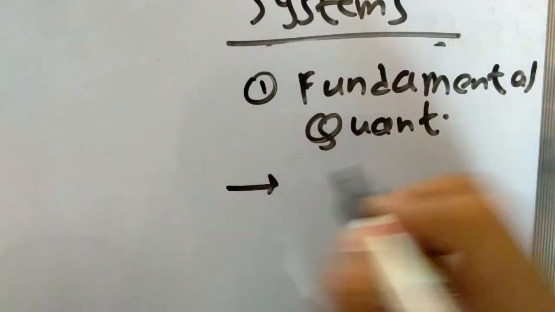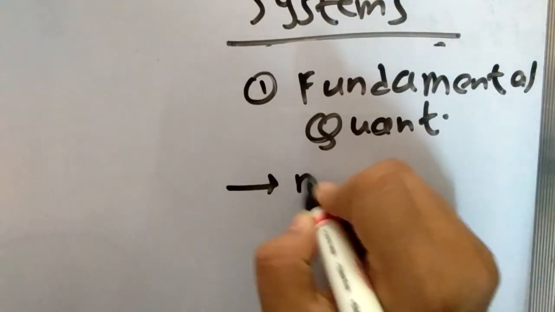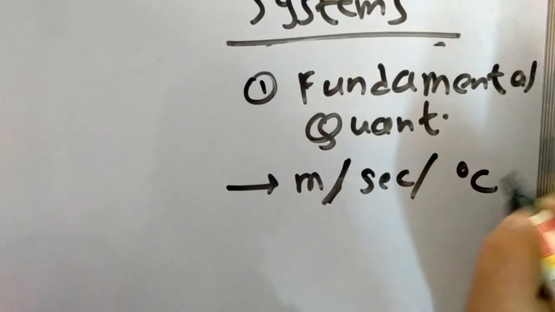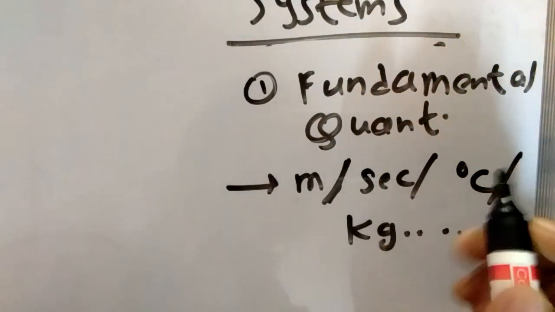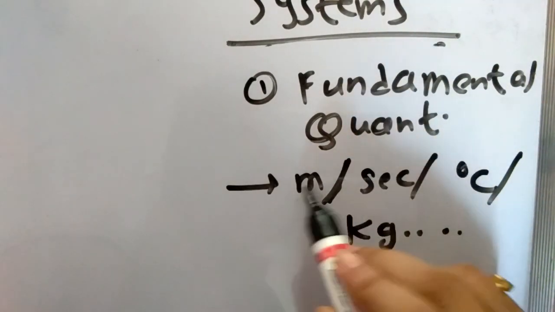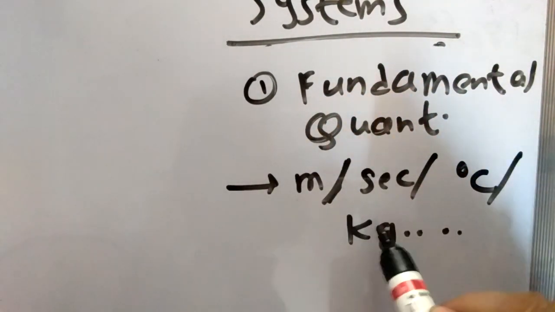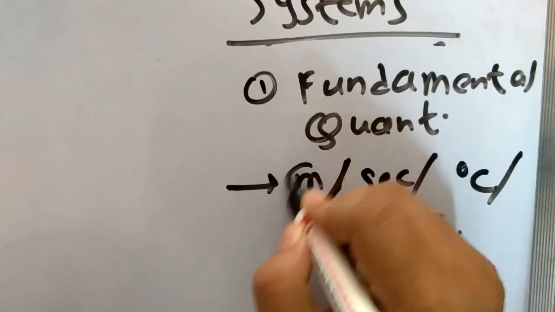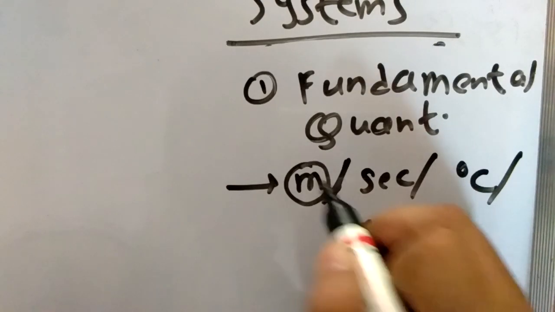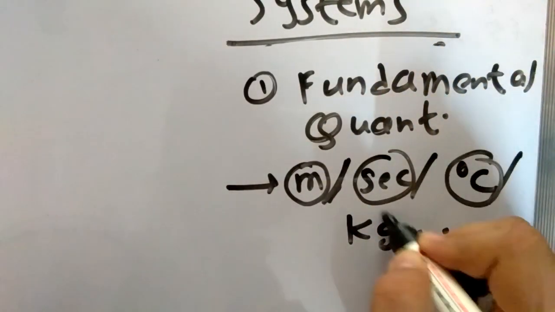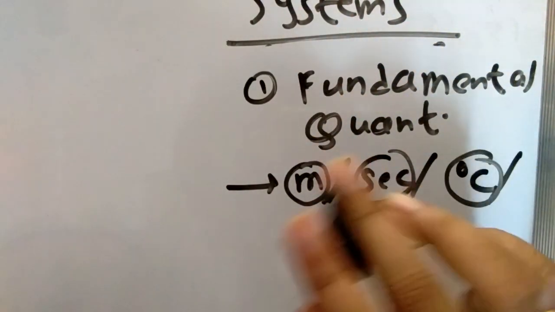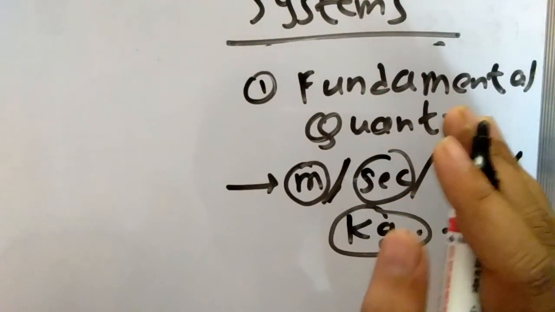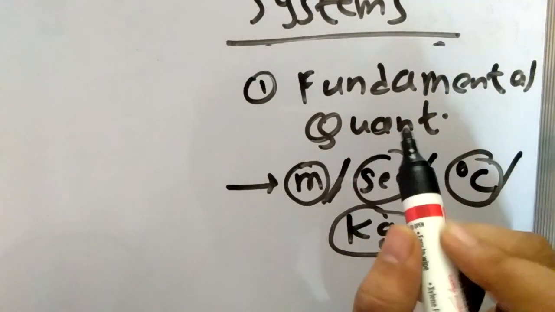It is like example meter or second or degree C or kg, etc. So you can see that in this type of units of fundamental, these are all units of fundamental quantity. If you look carefully, you will see only one unit like M for length, meter, or second, degree C, kg. So there is only one unit and no other unit is with that one unit. So it does not require more than one units. Okay, so that are fundamental quantity.